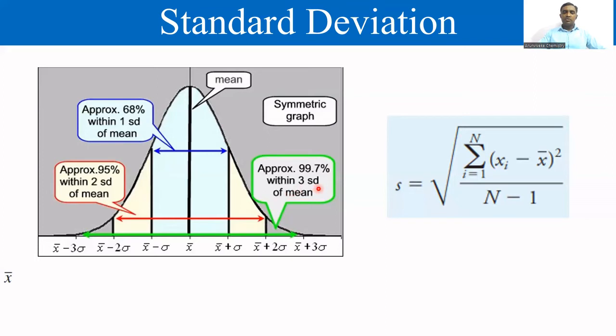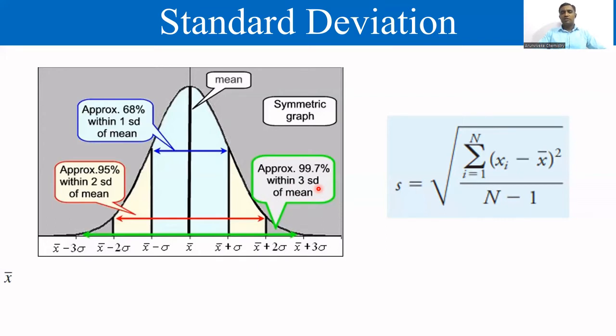So if you have a numerous amount of data, you can choose a certain amount of data and say how they are moving away from the mean by using standard deviation.